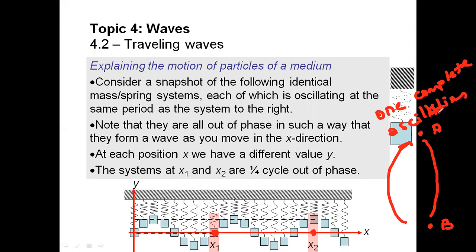If we divide the one complete oscillation into two parts, for example, while the object goes from point A to point B, it's going to be half oscillation.